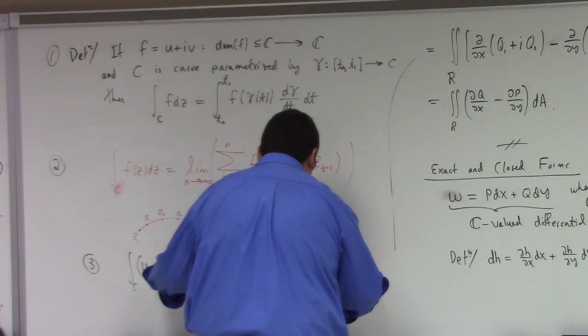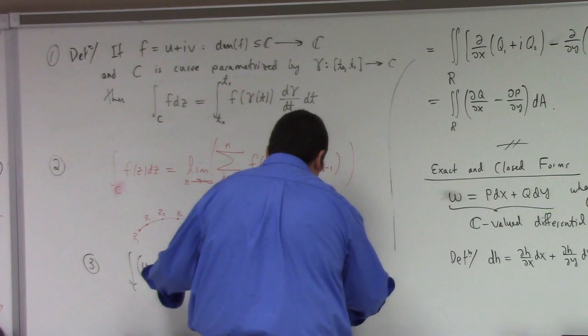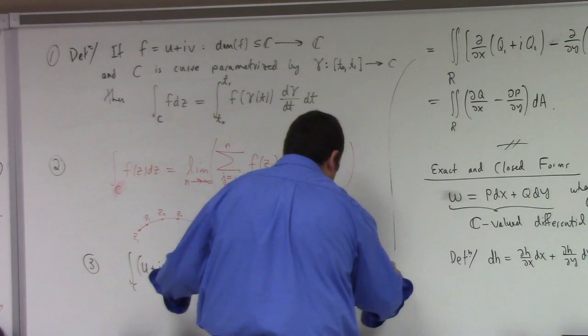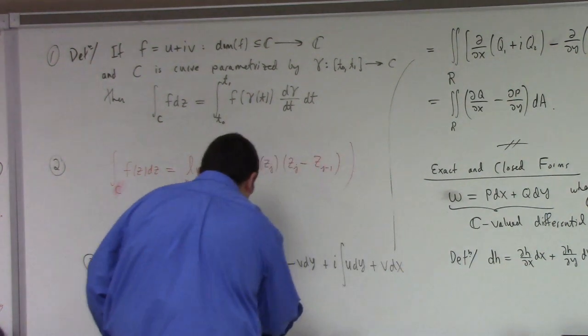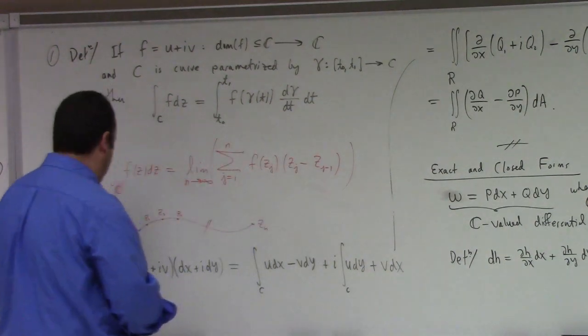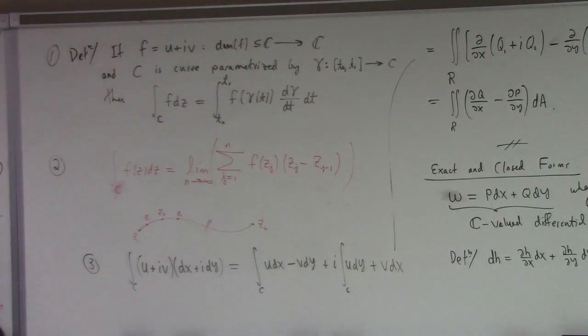That's the difference between what we were doing and what we're currently doing. Plus i times u dy plus v dx. And so these are three, in fact, equivalent but competing definitions for the complex integral. We could look at the complex integral any which way we'd like here, and these are, in fact, interchangeable definitions.